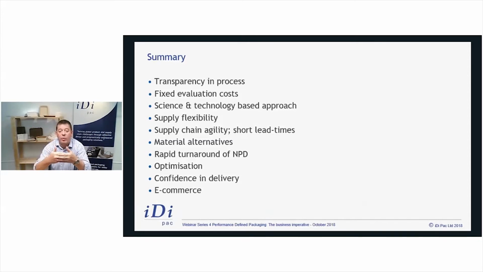We get the right weighting, the confidence in delivery, and also we've found quite significantly that from an e-commerce perspective, it gives us a slightly different approach. The e-commerce perspective is different than the retail perspective, and on that basis, we're able to, again, optimize. It might extend the range, but once we start adding in other little bits and pieces, things like the digital print processes, potentially, that gives us the ability to personalize and move things forward in that way.